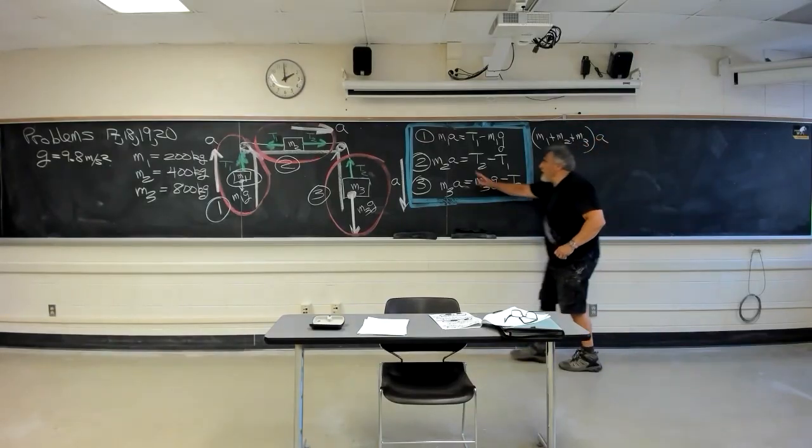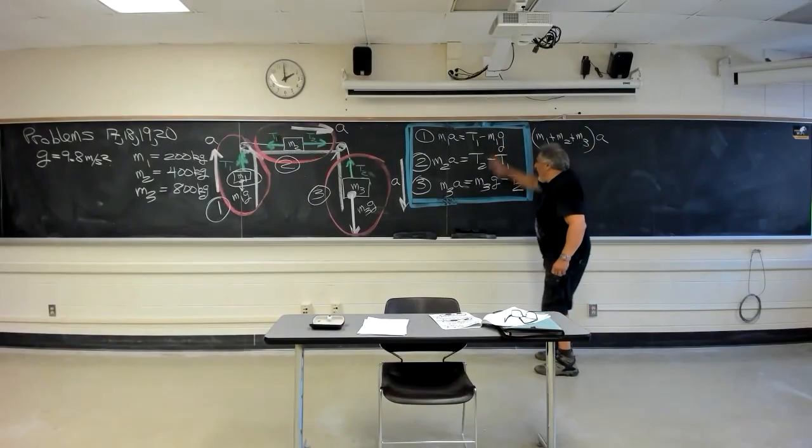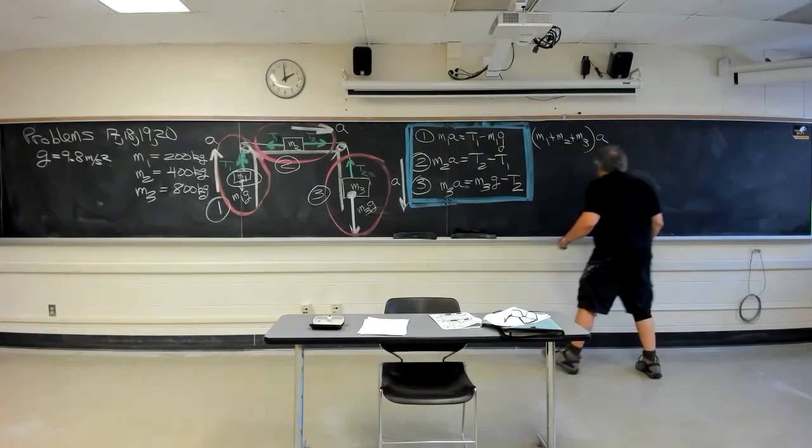Factor the a out and you got this. Add these together. T1 and negative T1 is 0. T2 and negative T2 is 0. M3G minus M1G.